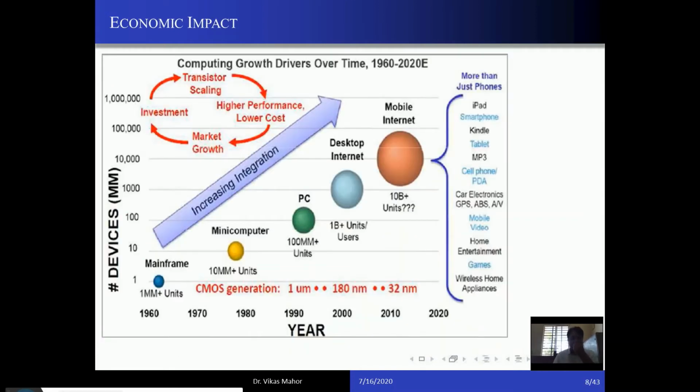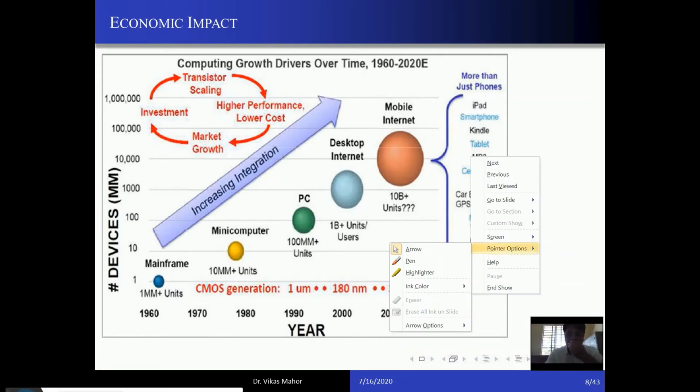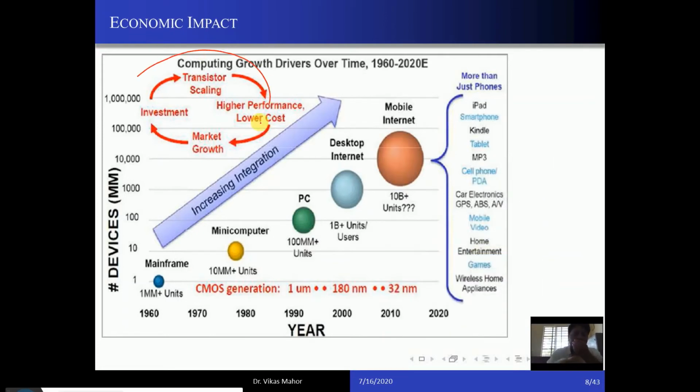Let's see what has happened. Look at this cycle. Please focus on this cycle. Don't focus on the entire slide. Just focus on this cycle. What happened? Due to very high market growth, as I've told you, there was market growth from 2002 till today. There is a very high amount of market growth of VLSI.